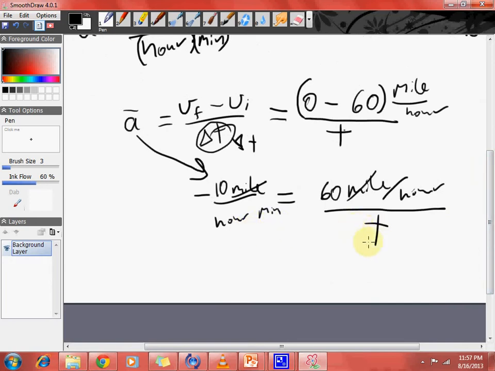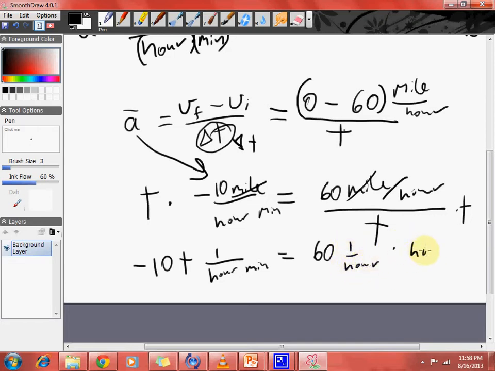We're looking for time, so let's multiply time on both sides. We end up with negative 10 t, and then the units that we're left with is 1 over hour minute. And on the other side we have 60, and then t is gone now, and we have 1 over hour. Let's multiply hour on both sides, and what do we get? The hour will cancel right here, and I do know my order of operations, so parentheses were needed in this case.